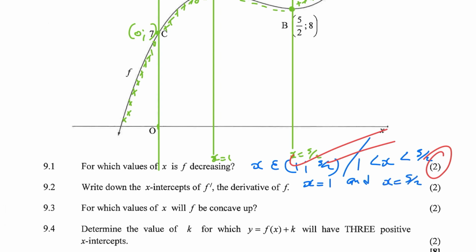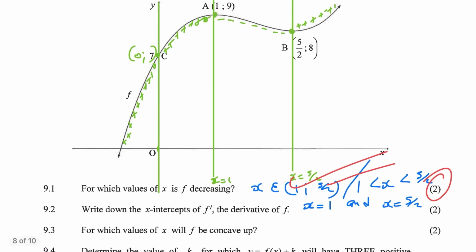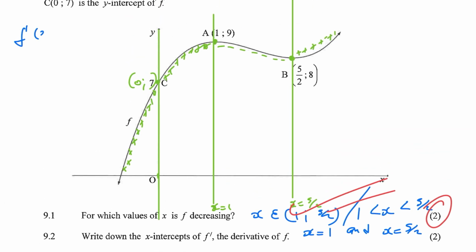Those are the values of x when we're looking at the first derivative of f. When they say x-intercept, in this case it is when the first derivative is equal to 0, and the first derivative equal to 0 gives x equal to 1 or x equal to 5/2.